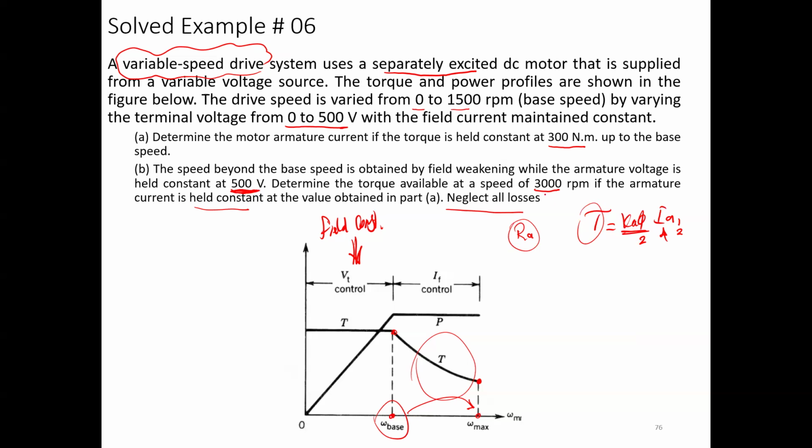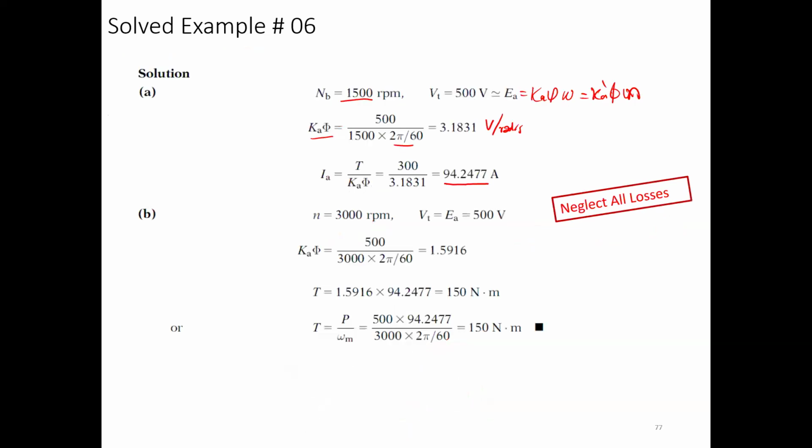So we need to get K phi 2 in the case of twice the speed, and consider that the voltage is still constant. So N in the second case is 3000 RPM at the same voltage, 500 volts. So we can get the value of K phi in the second case. This is K phi 1, this is K phi 2.